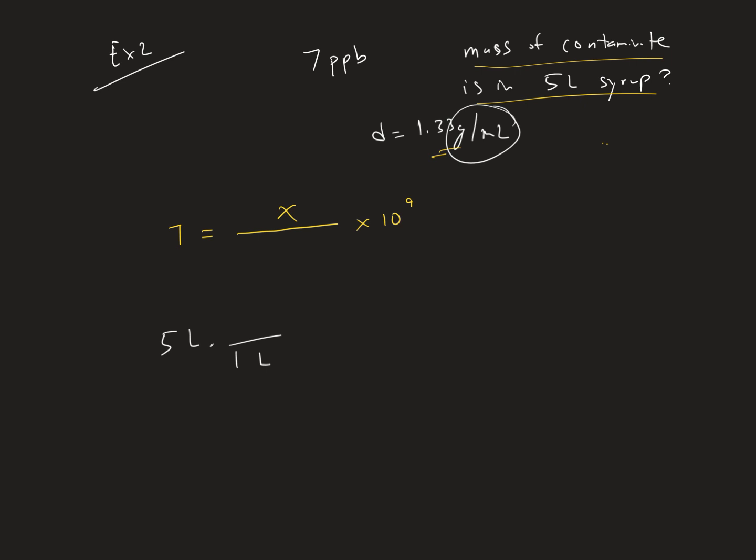So 1 liter is the same as 1,000 milliliters. And then here's our conversion factor, density, 1.33 grams per 1 milliliter.